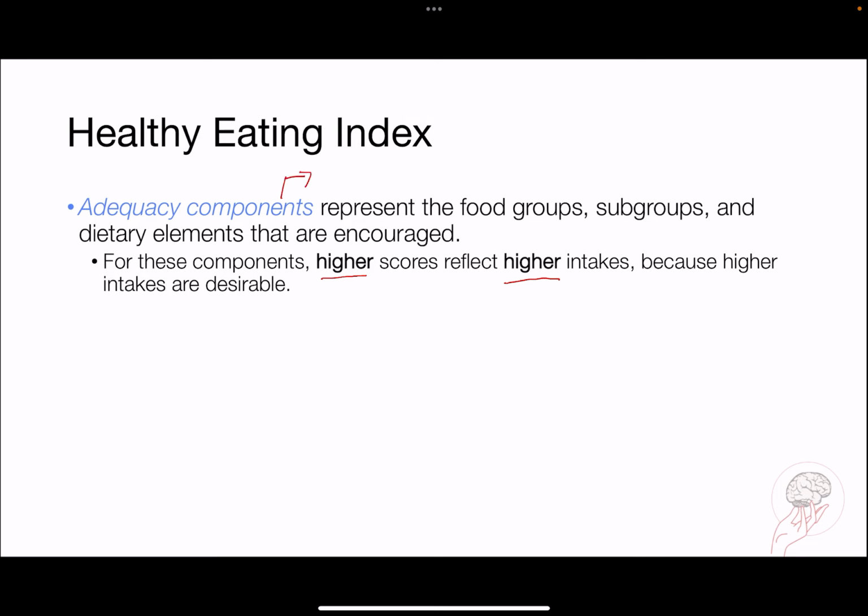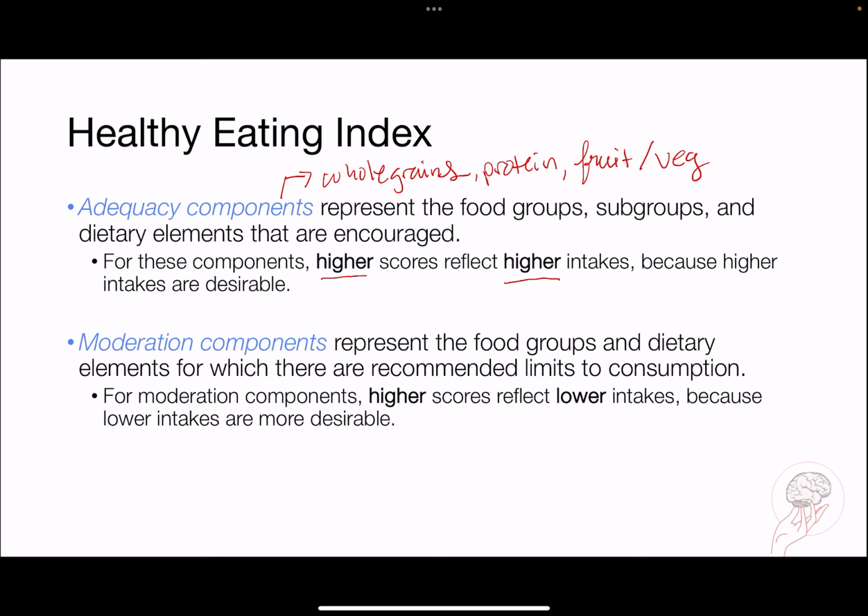So these are things like whole grains, protein, fruits and vegetables, but we also have moderation components.